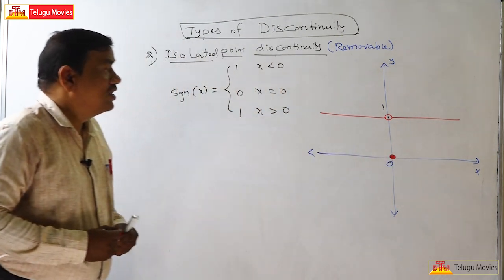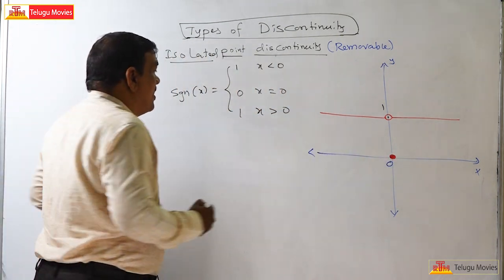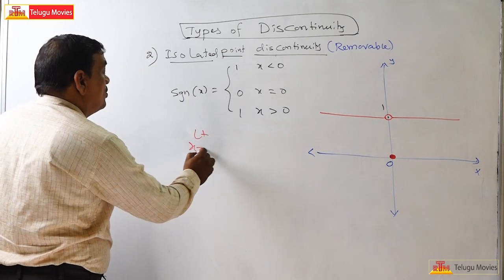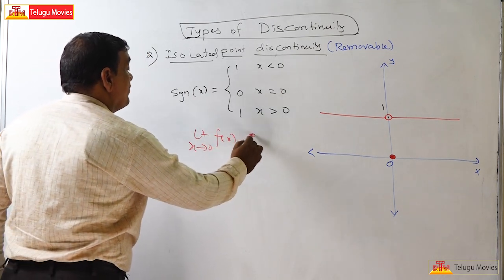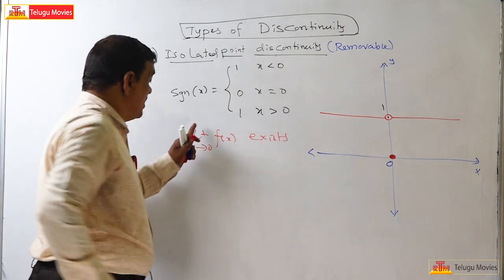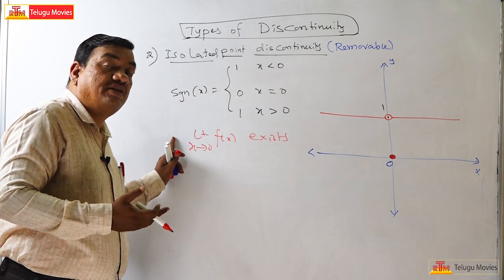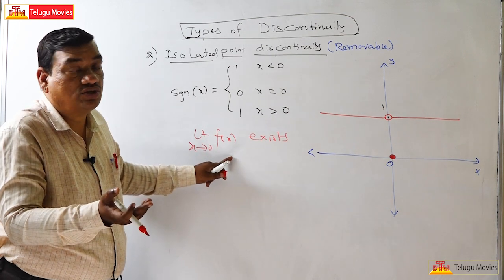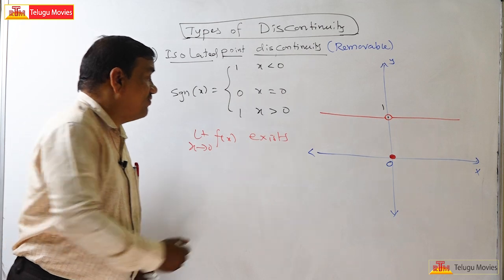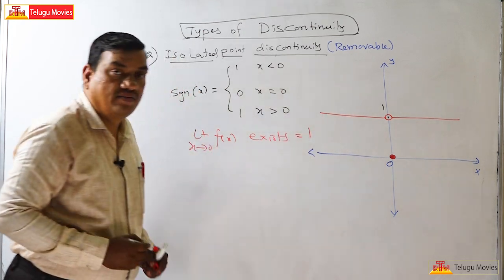If you observe here, the limit as x tends to 0 of f of x exists. At x is equal to 0, the left hand side limit is equal to 1 and the right hand side limit is also 1. So the limit as x tends to 0 of f of x is equal to 1.